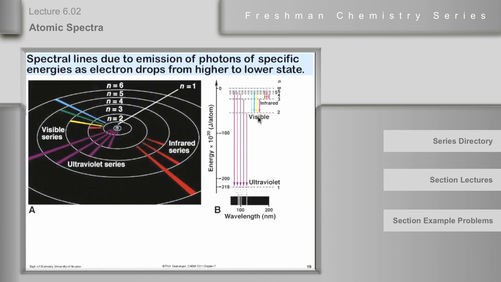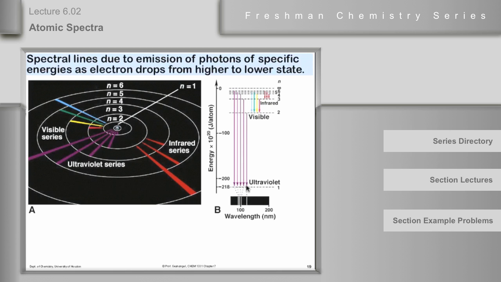Well, where did we just see that? That was in the Rydberg equation, right? We said that the visible part of the spectrum wavelengths could be predicted by setting n1 equal to 2 and then n2 equal to 3, 4, and 5. Okay? So there it is.